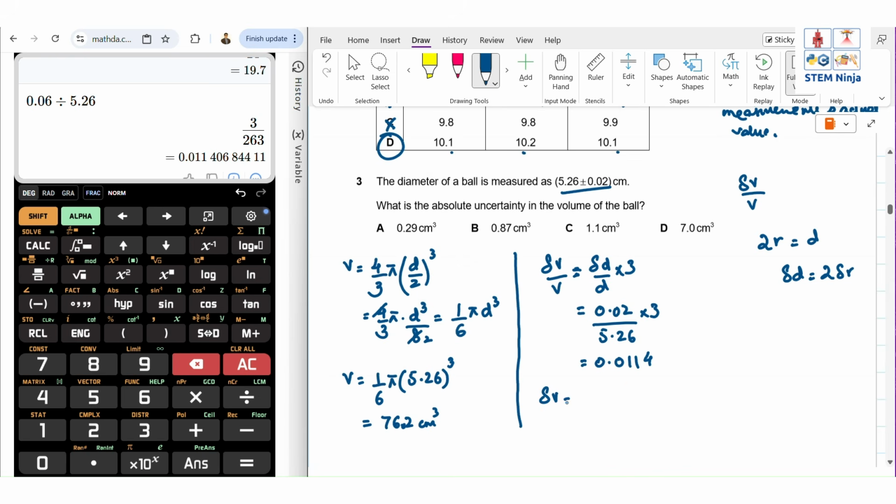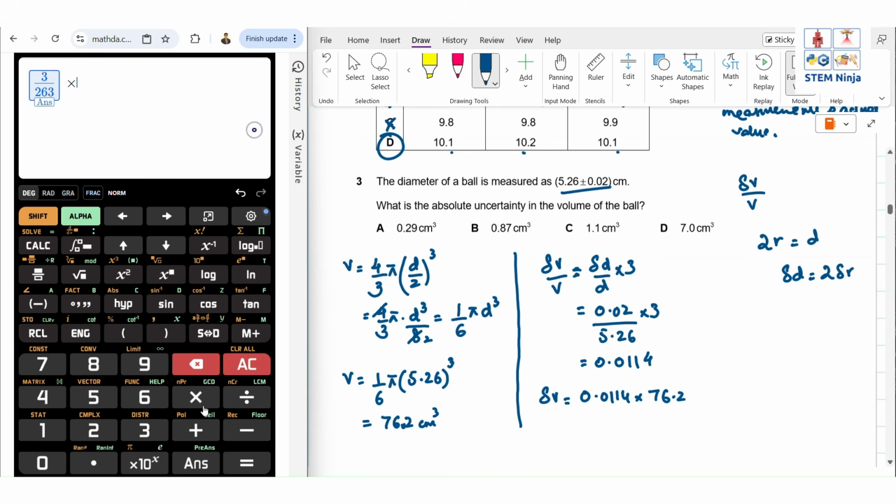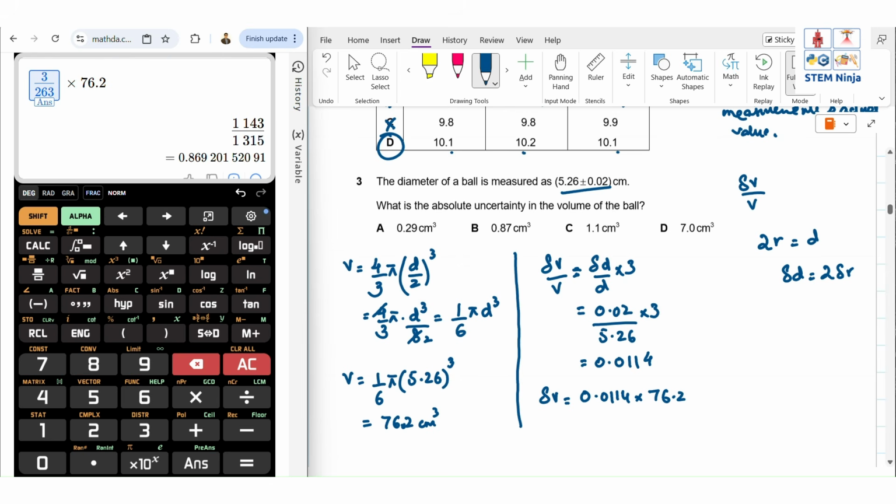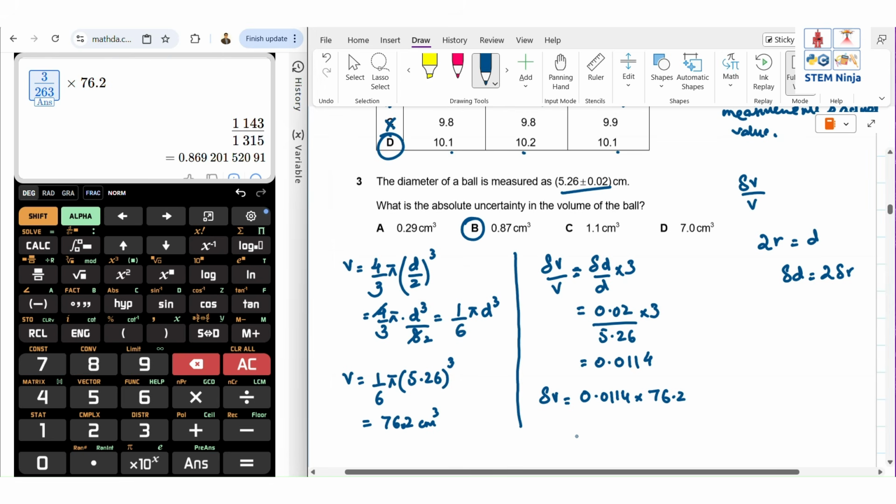So absolute uncertainty would be fractional uncertainty times the volume, 76.2. So this times 76.2, we get 0.869. We can write it as 0.87. That's it.